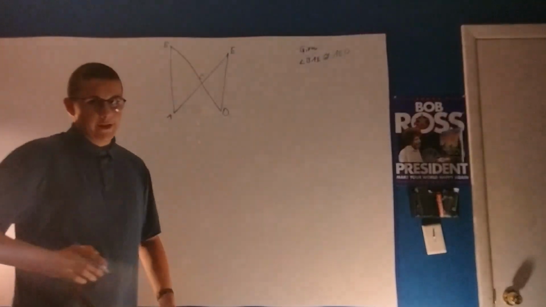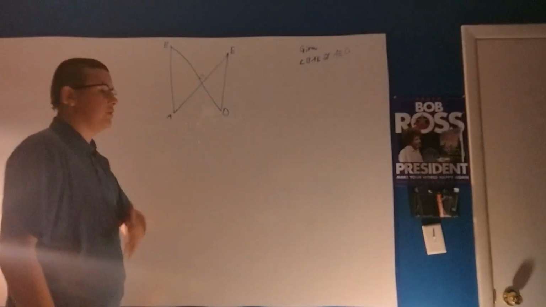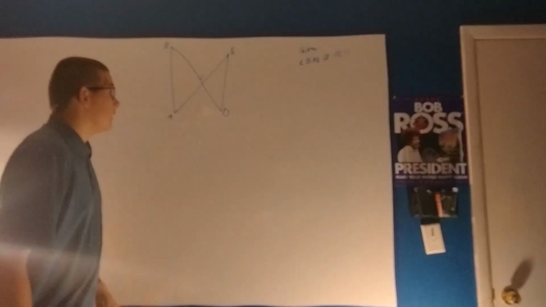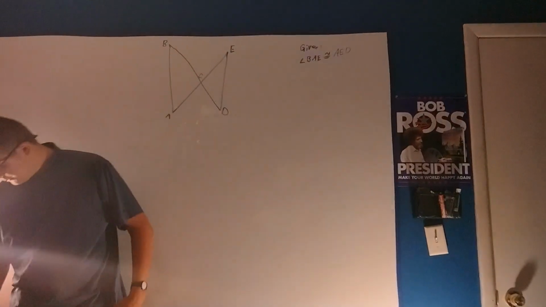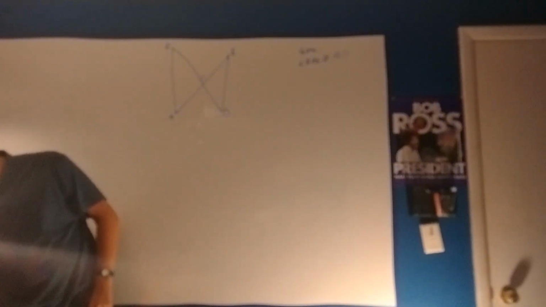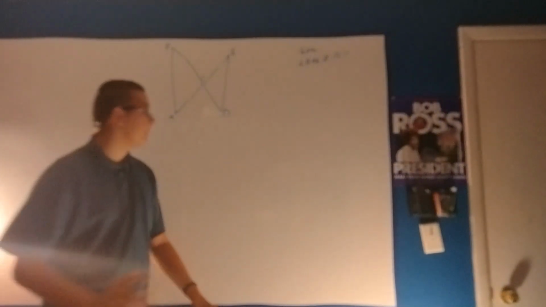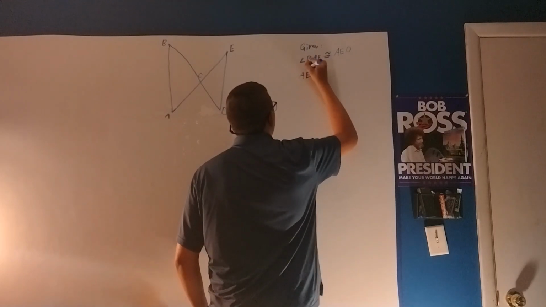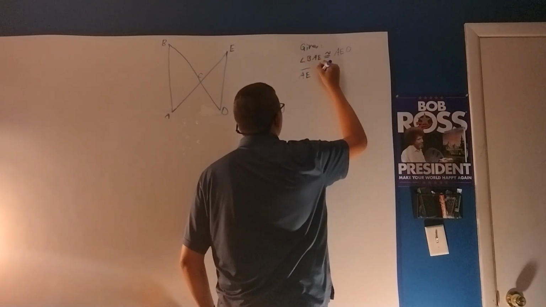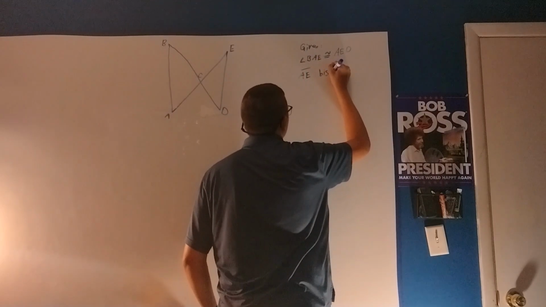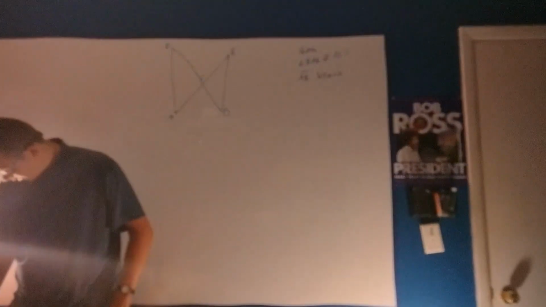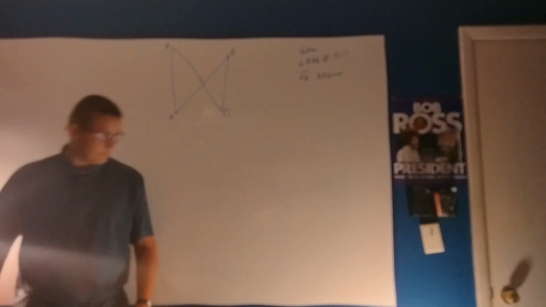And again, when labeling angles, make sure to use the 3 points so it's more specific than just angle E, angle A. We are also told that AE bisects BD.